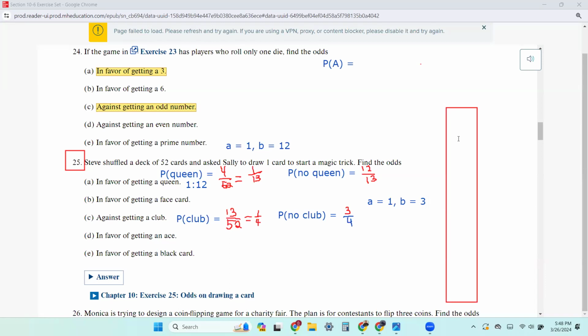Now, odds against is turned around. Odds for is A to B. Odds against is B to A. Just turn them around. So the odds against getting a club are 3 to 1.